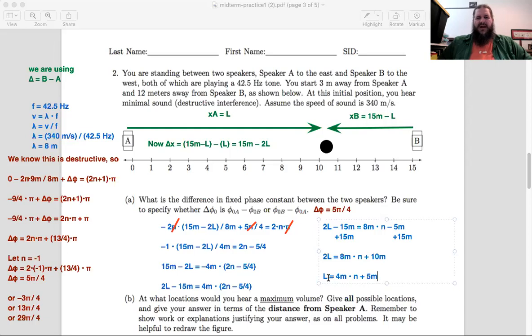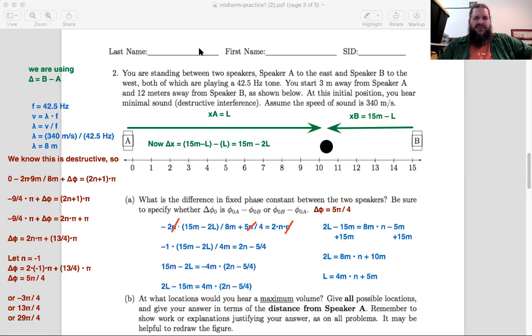What's the lowest and highest L could be? Between 0 and 15. Yeah, we were assuming that the location you're standing is somewhere between the speakers. If you go outside the speakers, that messes up the equation and we'd have to write a different equation instead. But as long as you're between the speakers, L has to be between 0 and 15. So we need to restrict our search to just L values between 0 and 15.